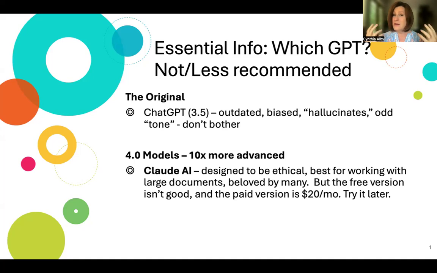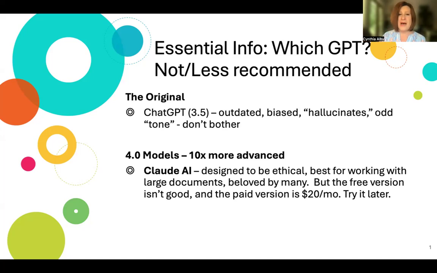There are new models that are 4.0 models, and they are literally 10 times more advanced. It's the difference between having an unreliable assistant who is a high school sophomore and an unreliable assistant who is a graduate student, maybe a PhD student. Either way, they're going to be kind of unreliable, just a little bit.